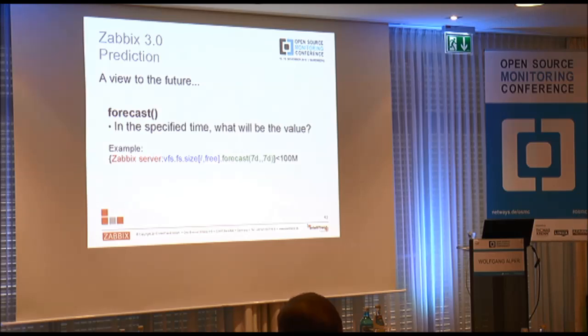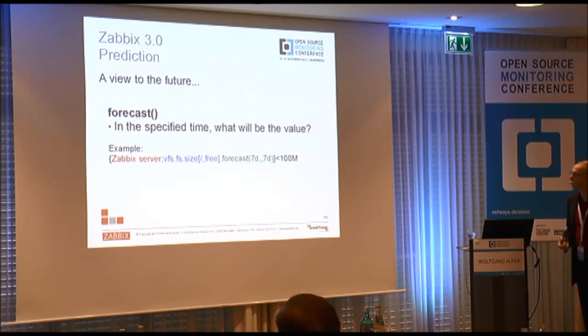So for example, this item, what you see there, would say: what is the size based on the last 7 days in the next 7 days? And if this, what comes out there, is below 100 megabyte, then fire.